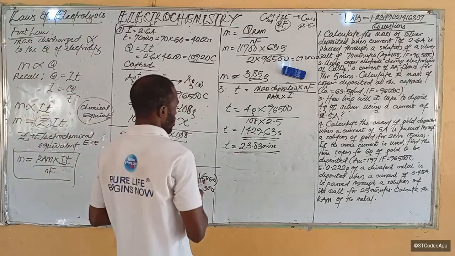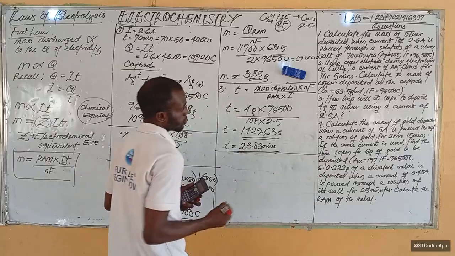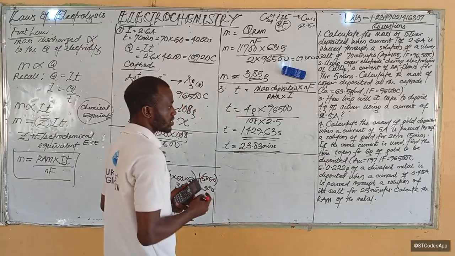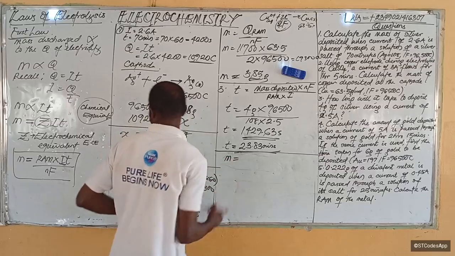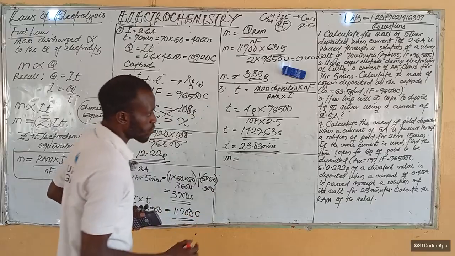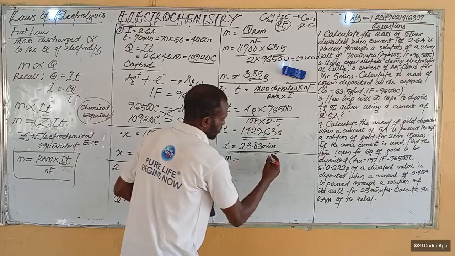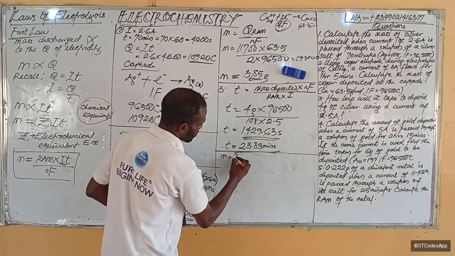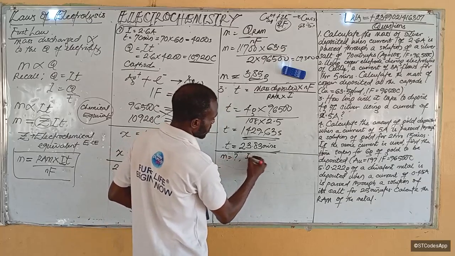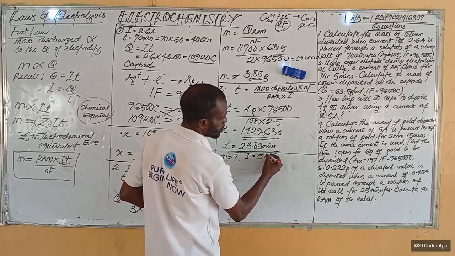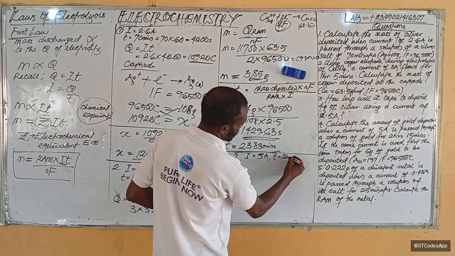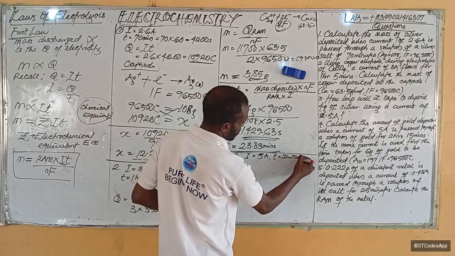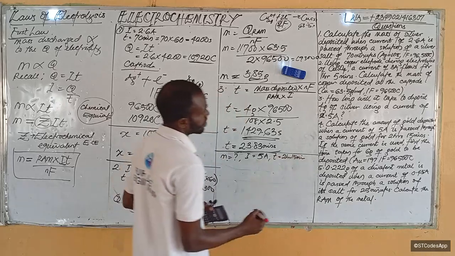All right, number four says we should calculate the amount of gold deposited when a current of that, okay, so the mass equals RAM. What's the RAM of gold? 197. First, let's write the parameters. We're looking for mass. The current is 5 amps, through a solution of gold, for a time of 2 hours 15 minutes. That one is 15 minutes, right?